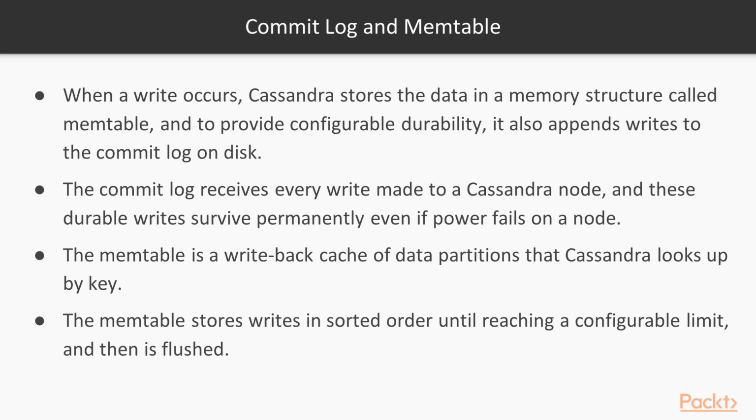The memtable, on the other hand, is a write-back cache of data partitions that Cassandra looks up by the key. The memtable stores writes in sorted order until reaching a configurable limit, and when that limit is reached, the data is flushed to disk.